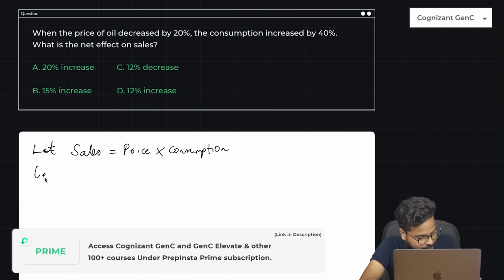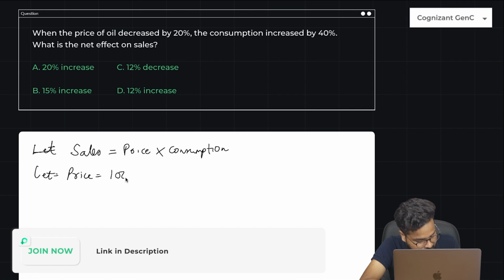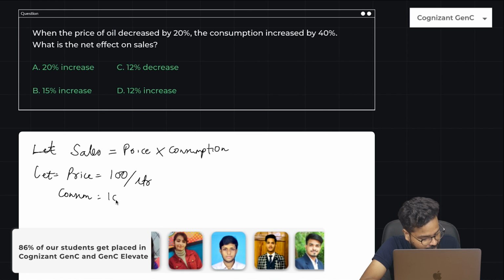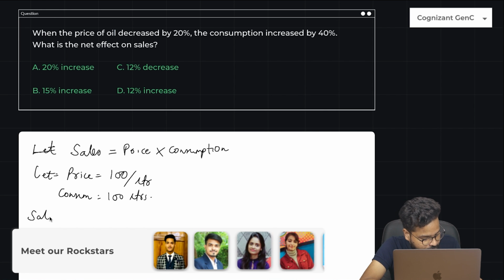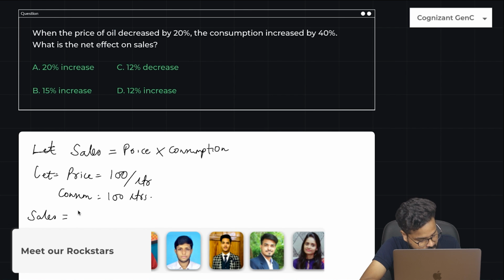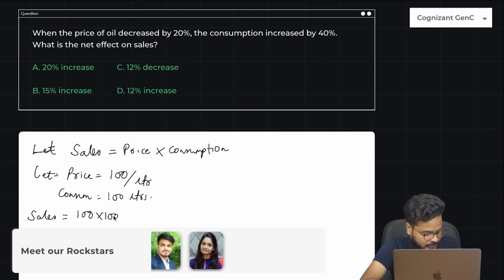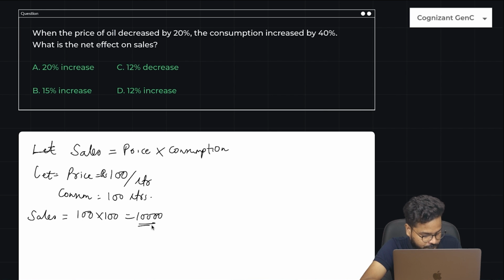Let me assume that the price is, let's say, 100 per liter and the consumption is, let's say, 100 liters. So what would be the sales? Price into consumption, so that is 100 into 100 rupees. So that is 10,000.